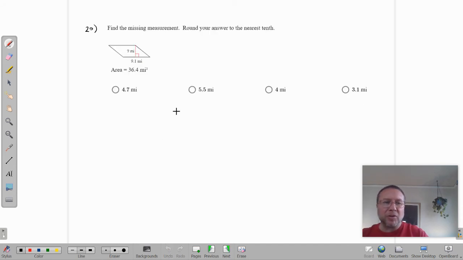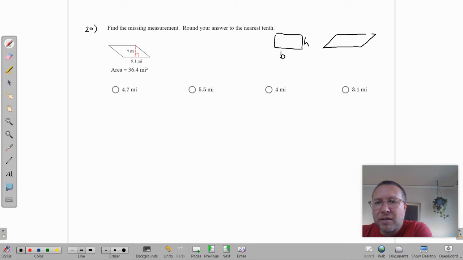All right. So parallelogram. A rectangle is base times height. And all a parallelogram is, is a slanted rectangle. But to find the area is still the same idea, the base. Again, we don't use the slanted sides for height.